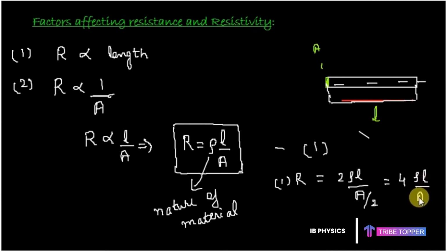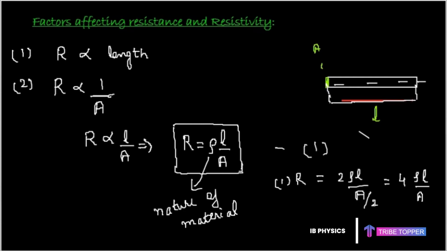So these are some important things you need to take care of while solving numericals, where they ask, for example, a wire is stretched to double its length, what will be the impact on the resistance? The resistance would become 4 times, because it's not just the length which has doubled, the area has also become half. But if the length is doubled by adding another wire, it doesn't impact the area, and so the resistance is just doubled.